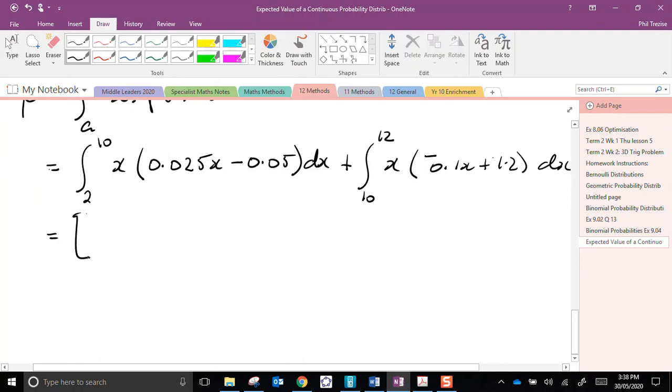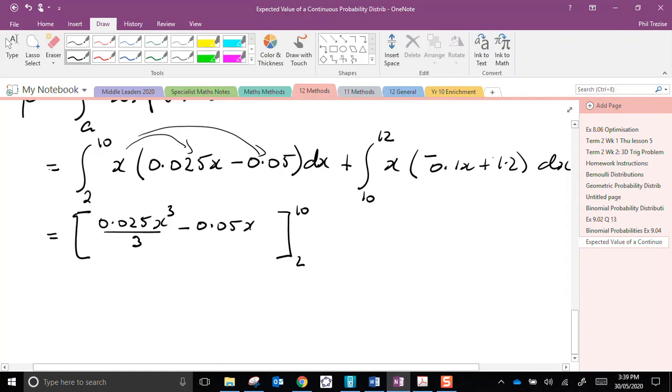Now let's integrate straight away. This one between 2 and 10. I have to, of course, distribute the x by multiplying through. So I'm reading this as 0.025x squared. Integrating x squared becomes x cubed over 3. And this, of course, is 0.05x. Integral of x is x squared over 2.